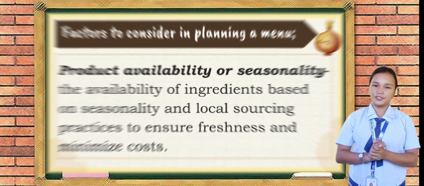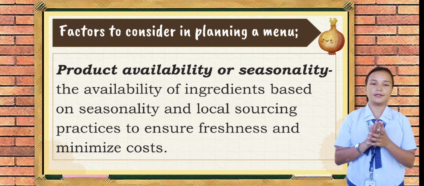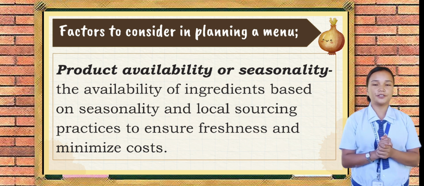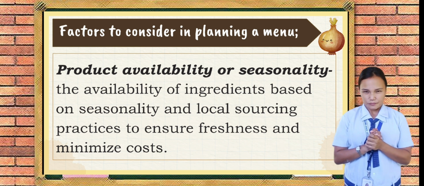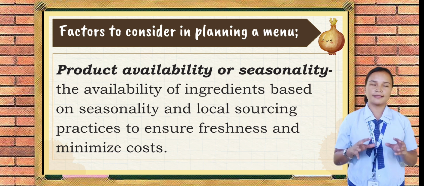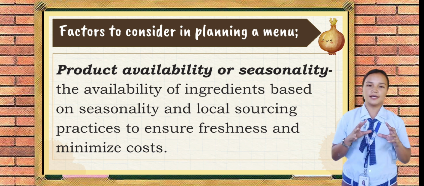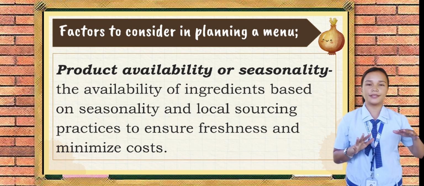So the next factor is product availability or seasonality. So the availability of ingredients based on seasonality and local sourcing practices ensure freshness and minimize cost. It is really important to consider the product availability or seasonality. Kay like for example, seasonal ang ingredients sa imong gibutang nga item sa menu, so there is a big possibility nga dili stable ang imong pagbaligya.